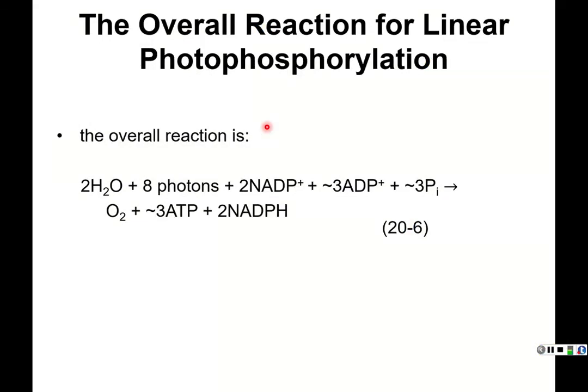So the overall reaction for linear photophosphorylation: we have 2 H2O, 8 photons, 2 NADP+, about 3 ADP, and about 3 inorganic phosphates, and we get 1 molecule of O2, 3 molecules of ATP, and 2 molecules of NADPH. This is the overall reaction that I'd like you to remember.